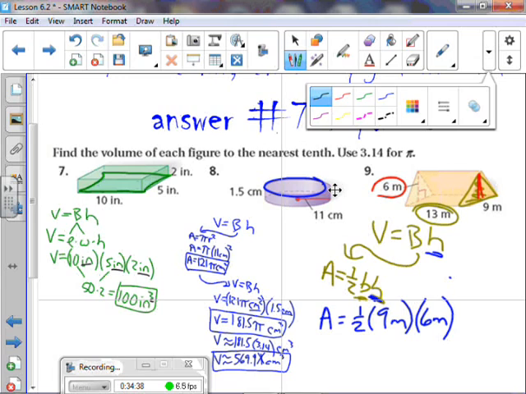Okay, so I will just multiply these together. 1/2 times, you know what, I'm going to do it out of order, because 1/2 times 6 gives me a whole number. 1/2 times 6 is 3 meters, and then times my 9 meters. And so my area is going to be 3 times 9, which is 27, and we're doing area, so it's meters squared.